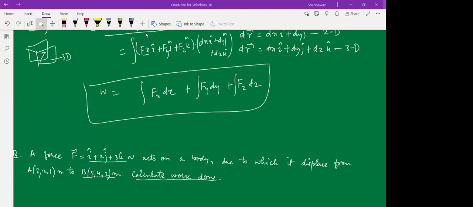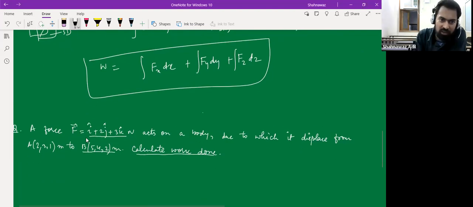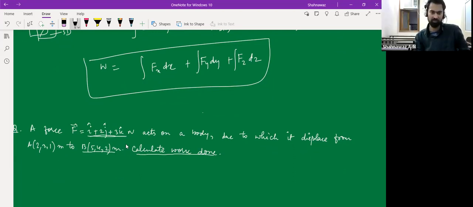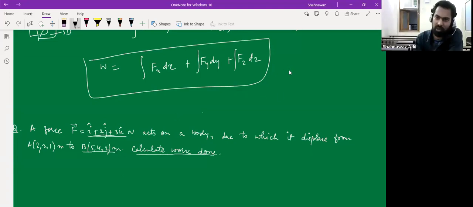Okay, scalar quantity. So it can never be in this form; it will be some number. If this is a constant force, or a variable force? Constant. Yes, so this is a constant force, so we should apply this one.